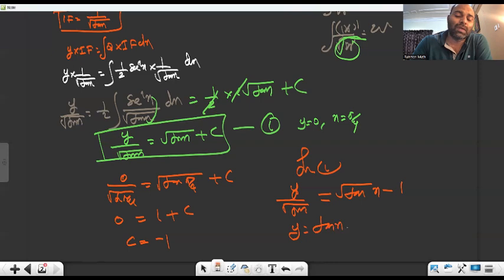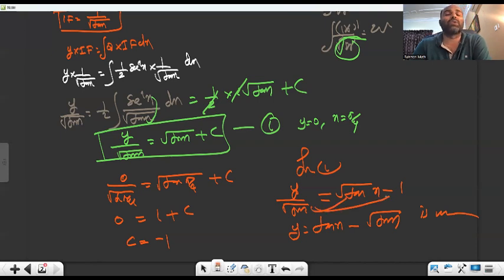Root tan x I multiplied, cross multiplication. So y equals tan x minus root tan x is the required particular solution.